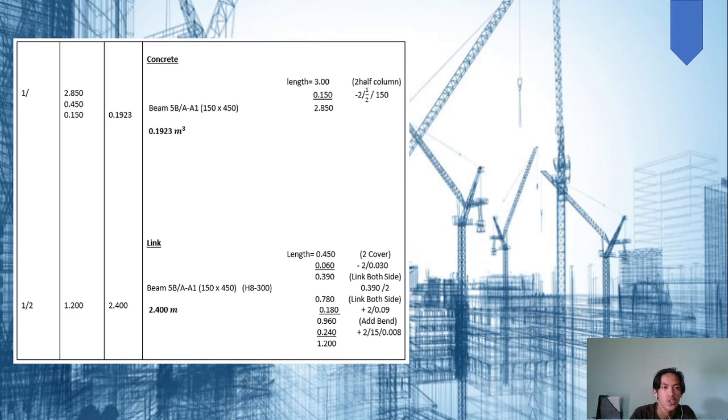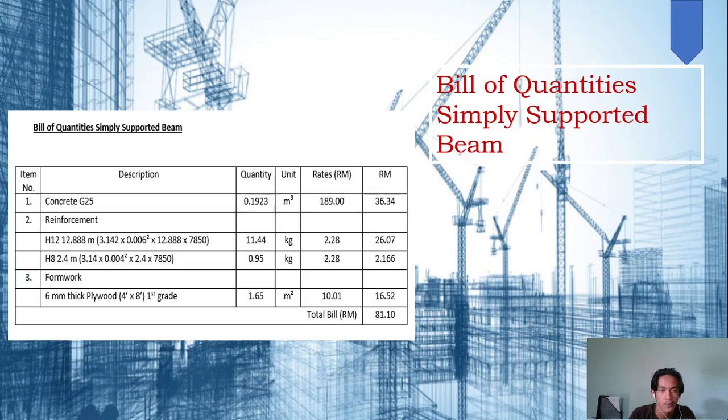And for concrete, we got a value of 0.1923 meter cube. And then for link, we got a quantity of 2.4 meter. This is the bill of quantities of simply supported beam.